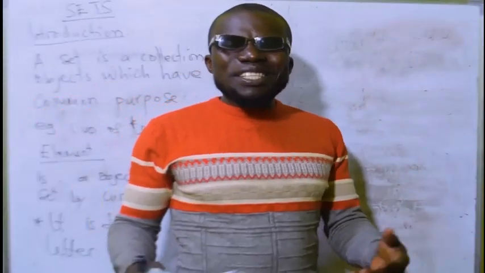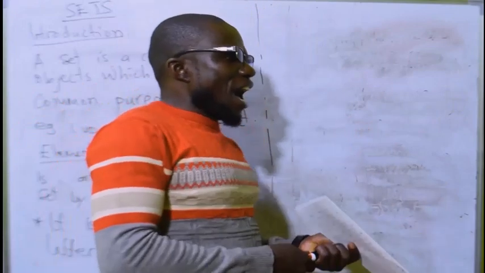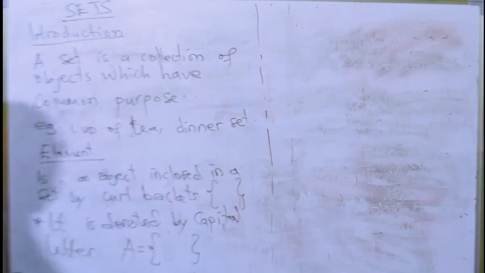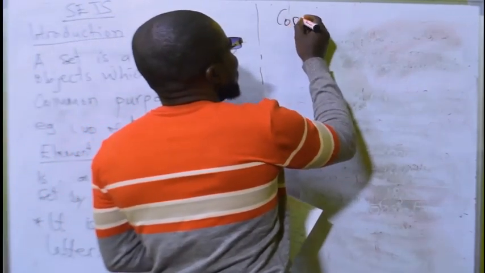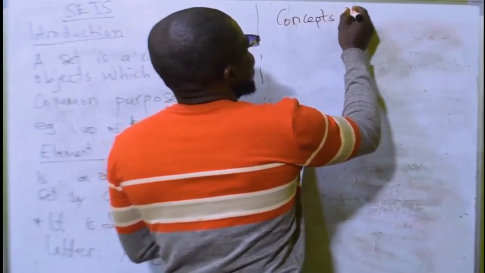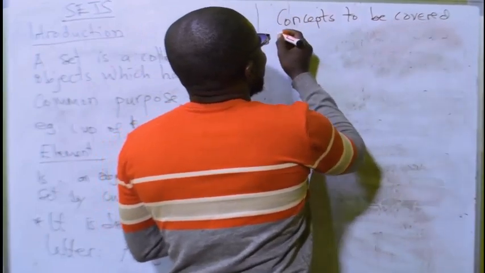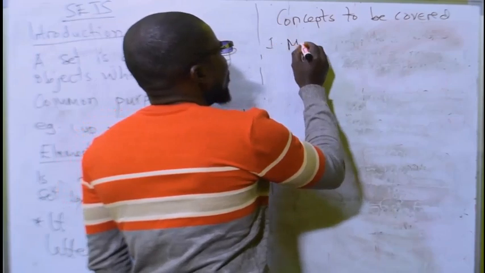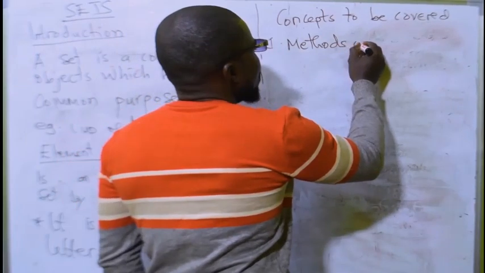Now let us see what concepts are to be covered in this topic. After knowing the definition of a set, the definition of an element, and how a set is written, let us come to the concepts to be covered. The first subtopic is the methods of representing a set.